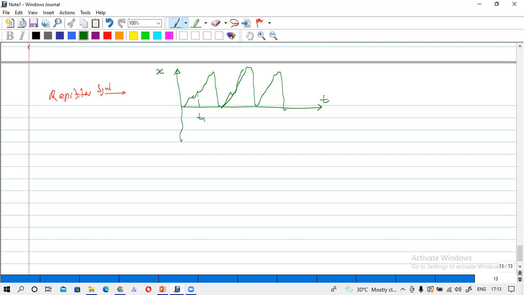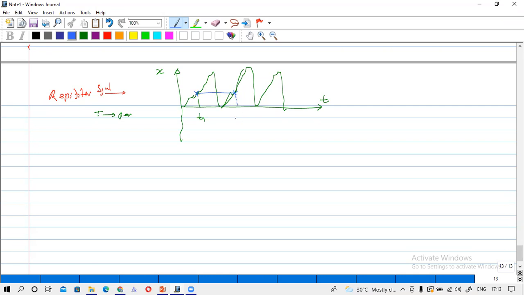I said that the period of the signal is capital T. If I take another T duration from this T1 to here, this voltage level will be repeating here again, no?